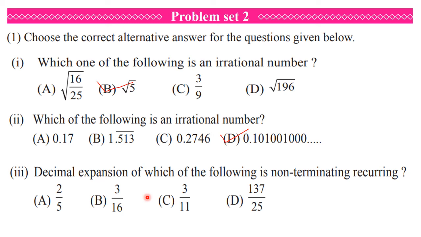So what I told at that time is that in the denominator you should have the factors either 2 or 5. No other number should appear as a factor other than 2 or 5. Then the decimal expansion is terminating. Okay. But if any other number appears, then the expansion is non-terminating.